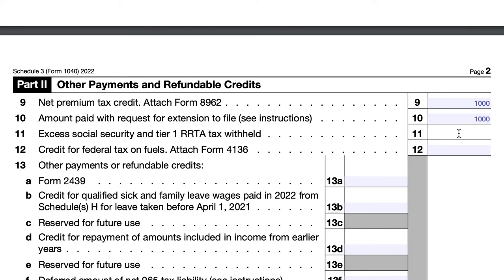So if you know that you paid more in Social Security than you should have, then you can report the excess here. However, if you only had one employer that did not stop withholding, then either the employer should adjust the tax for you, and you should see that in your paycheck, or you would have to file IRS Form 843, which is a request for an abatement or a refund.